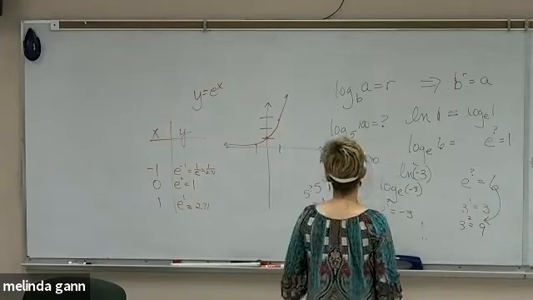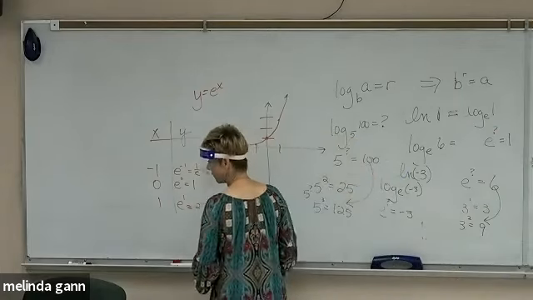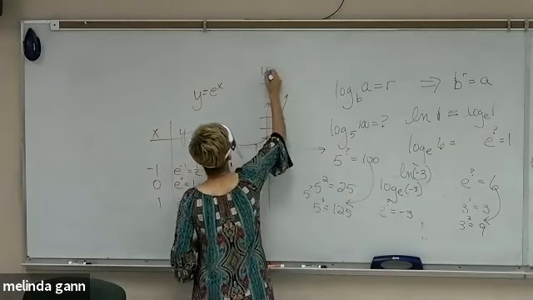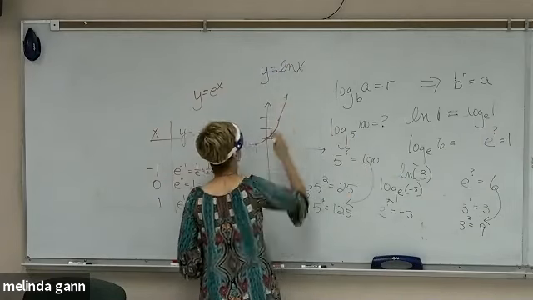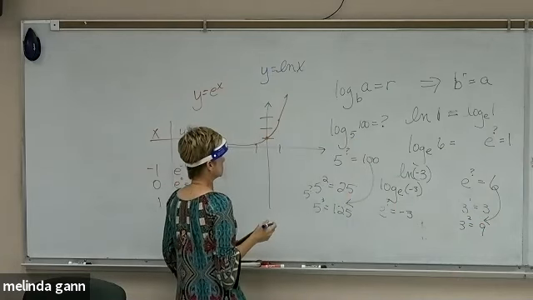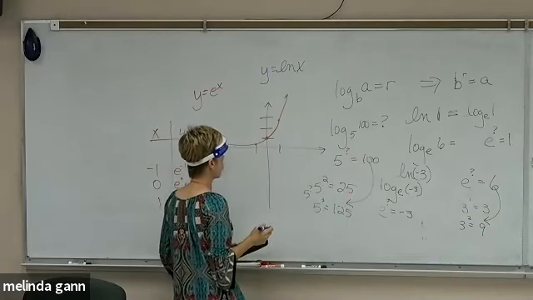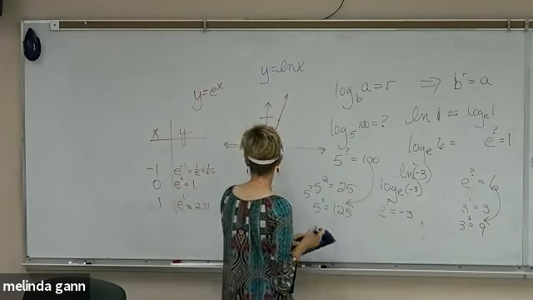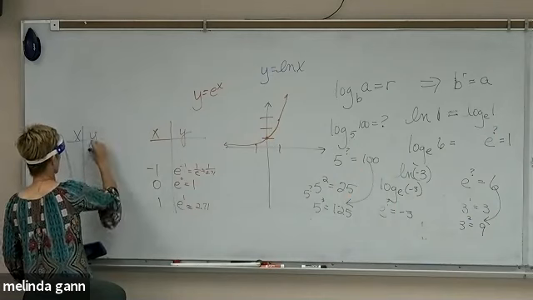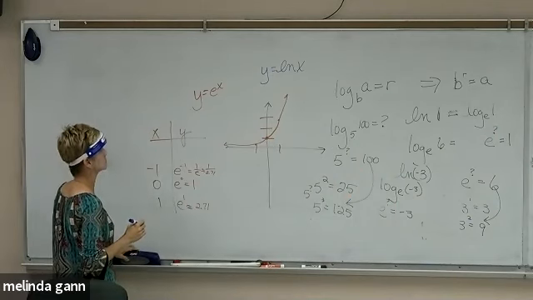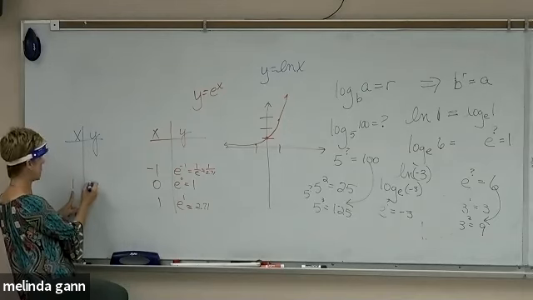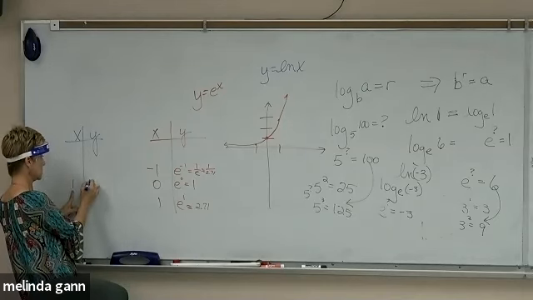Now, I need you to go graph natural log for me. Okay. Now, we already said, what's the natural log of 1? You told me the natural log of 1 was what? 0, wasn't it?